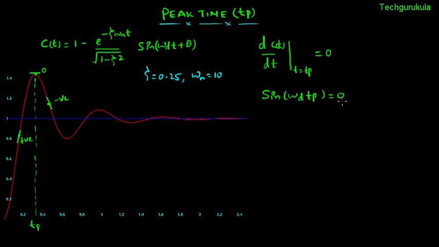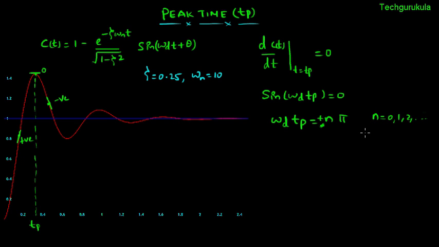Based on this condition, we can say omega d Tp should be equal to some integer times pi, and we can have plus or minus, but in this case, as Tp should be a positive value, as the output response here is valid for t greater than 0, we will not be taking minus values at any case. So we will be having just plus n values, where n can take any values from 0, 1, 2, and so on.